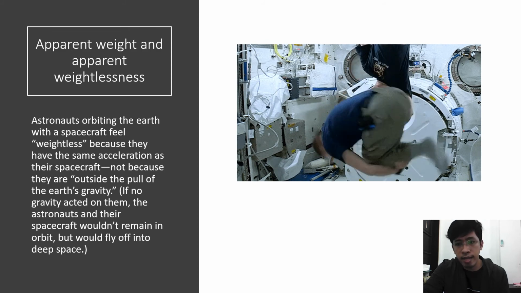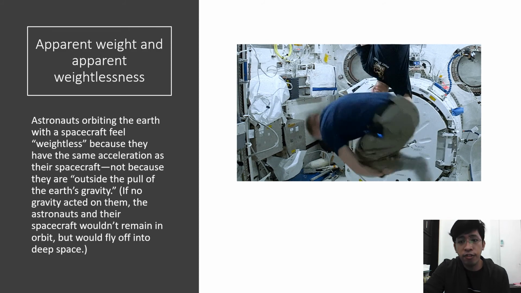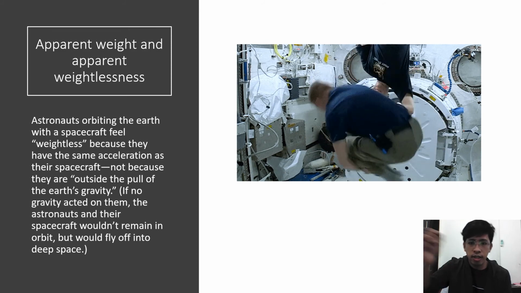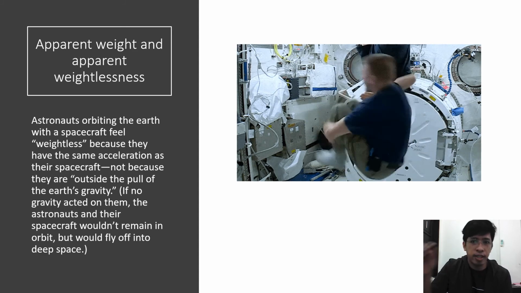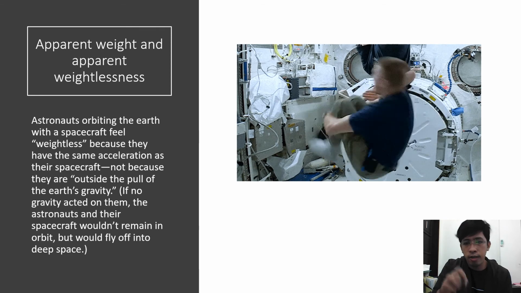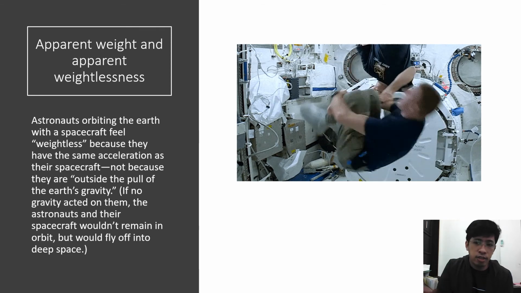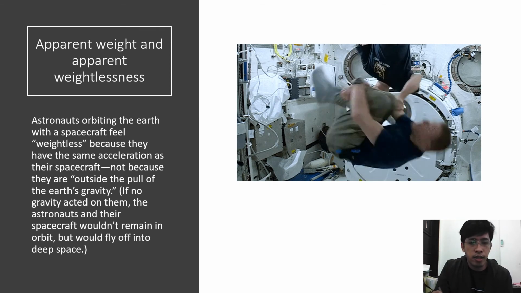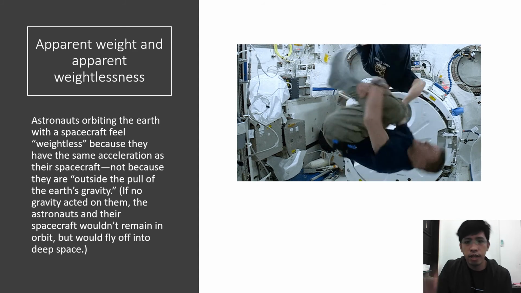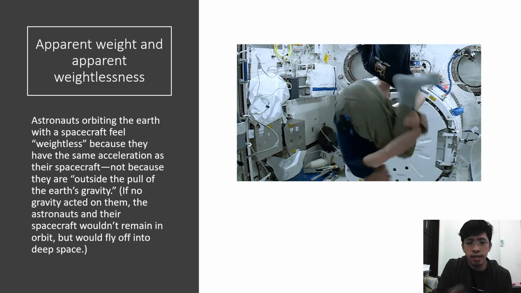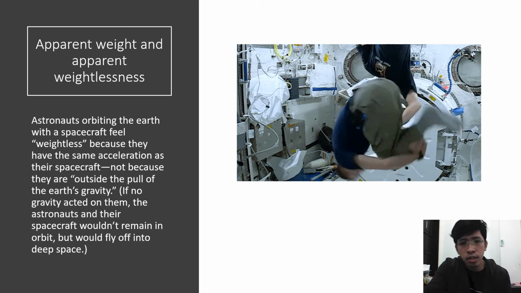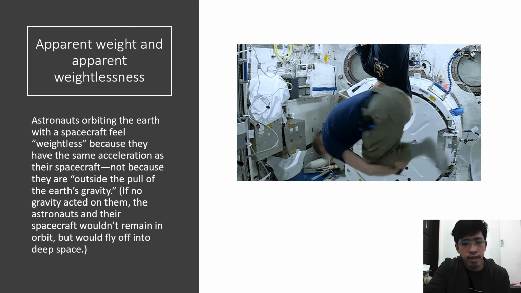So it seems like they are actually in free fall as they orbit around the Earth. So they're still under the influence of gravity, but they're accelerating in the same direction and with the same magnitude as the spacecraft, and they're falling in circular paths as they are orbiting the Earth.